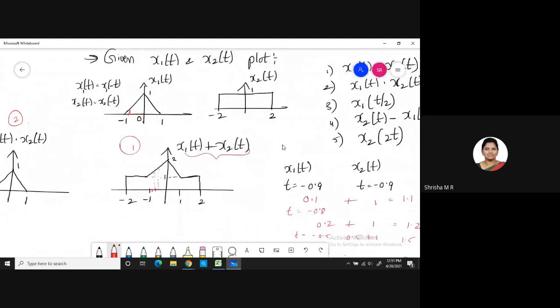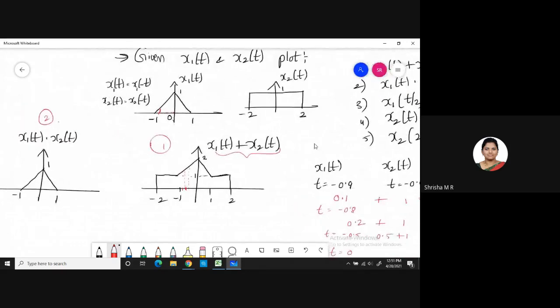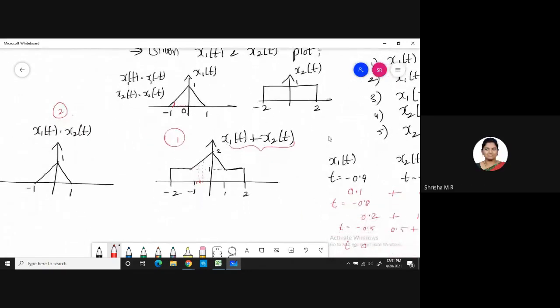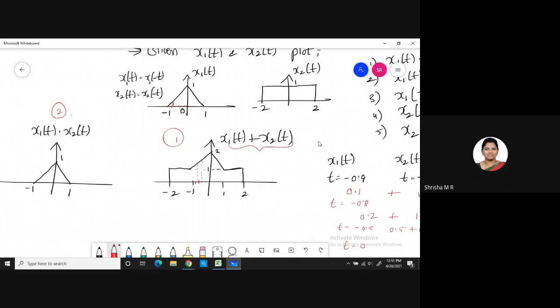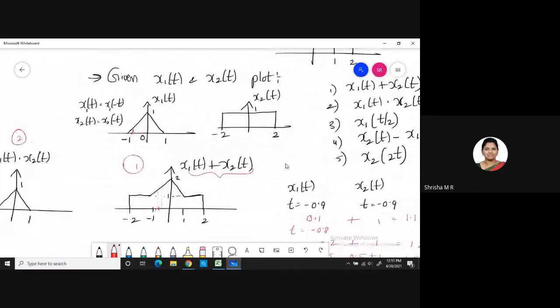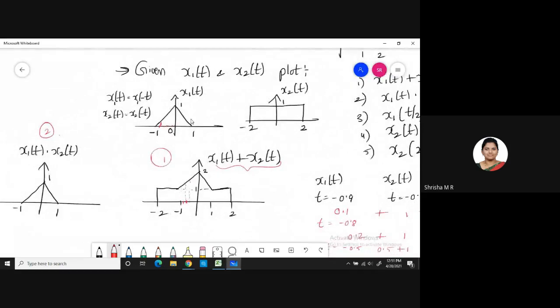Next, what they are asking you, x1 of t by 2. Ma'am, can you explain the second one once again? Yeah. So the second one is x1 of t into x2 of t, multiplication of these two signals.